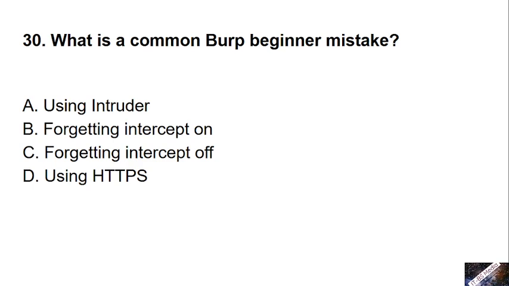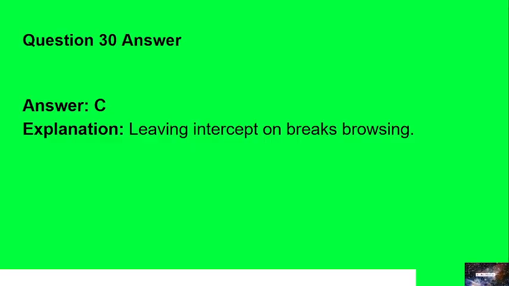If you are a beginner in using Burp Suite, then you have to watch out for this answer so that you don't make this mistake, or if you have been making the mistake, you can put it to heart and correct it now. Answer: leaving intercept on. That is the answer. It breaks browsing.